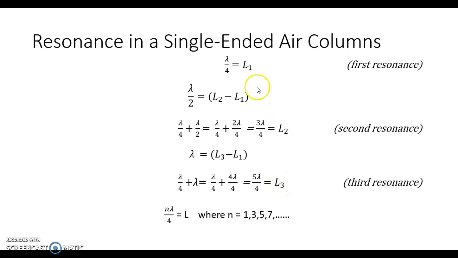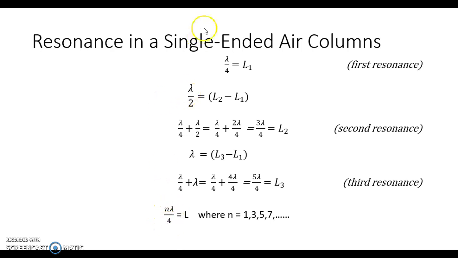If we look at the three equations that we have here, or the three locations of resonance, L1, L2, and L3, we can actually develop an equation to represent those three locations, or any location where we would get resonance, whether it be first, second, third, fourth, fifth, or whatever. That equation is equal to n lambda divided by 4.